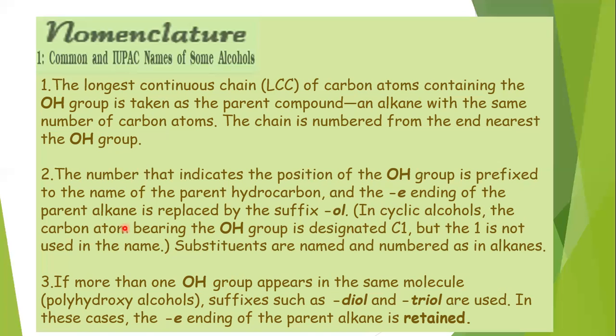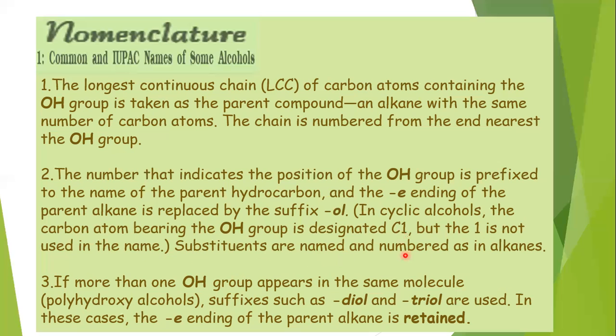In cyclic alcohols, the carbon atom bearing the OH group is designated as C1. If the alcohol is a cyclic alcohol, then the carbon with the OH group is considered as C1, or numbered as the first number. But the number 1 is not used in the name for cyclic alcohols.